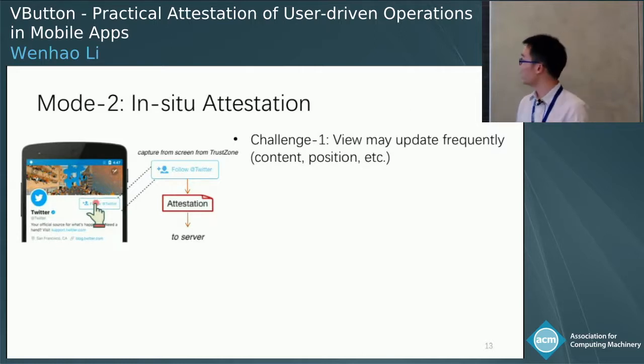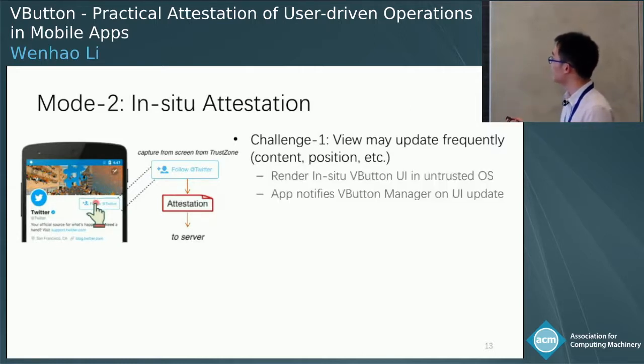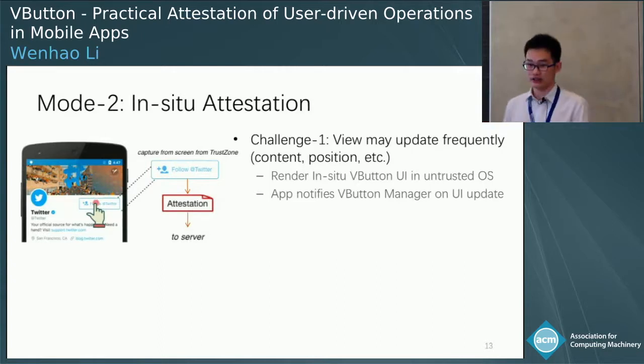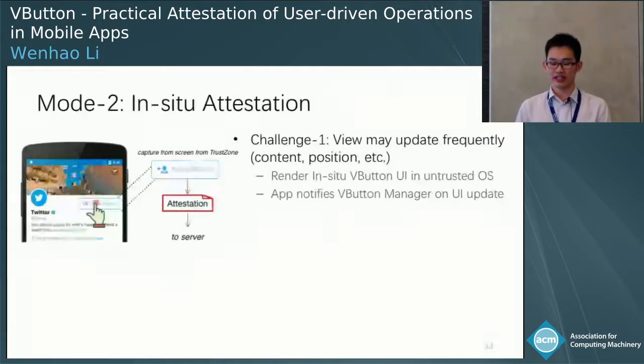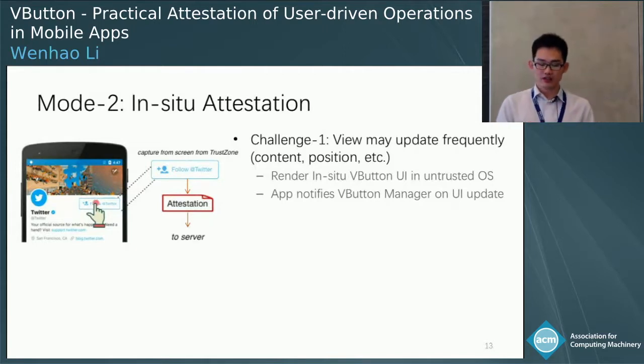So instead, we try to solve this problem by rendering the in-situ UI directly in the untrusted OS and letting the application notify the VButton manager on any UI element update events. Note that if an application provides inaccurate information to the VButton manager, the VButton verifier in the remote server will check and reject this request.